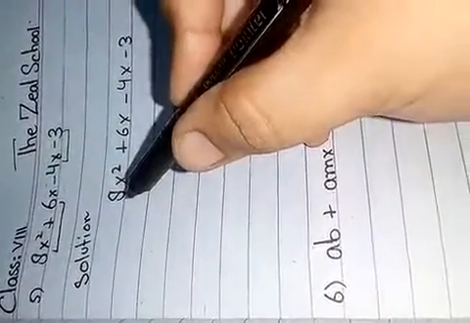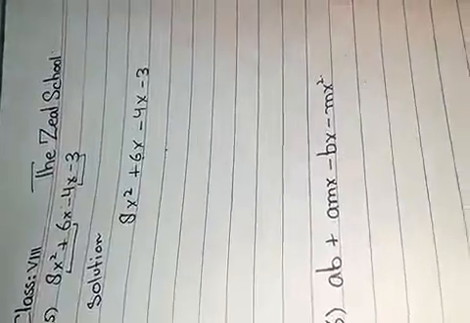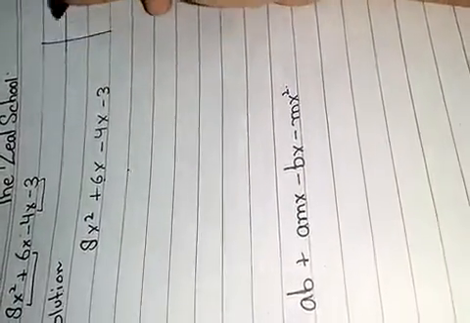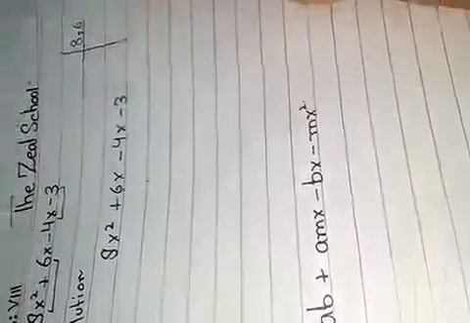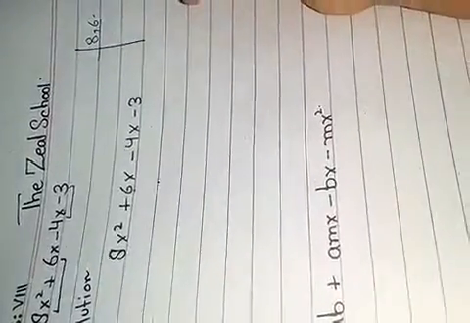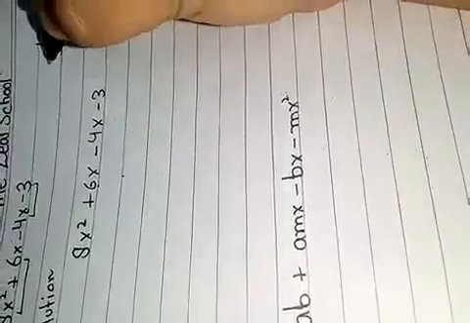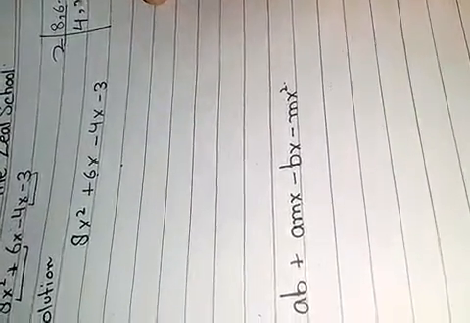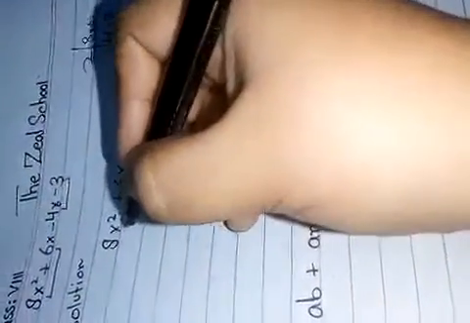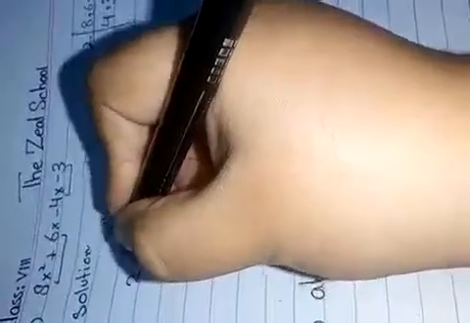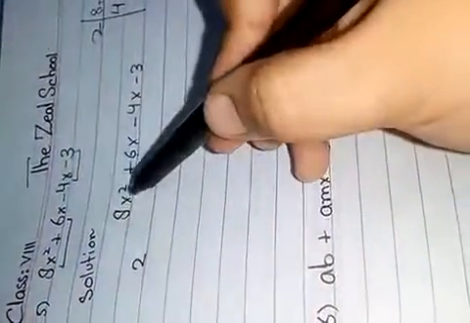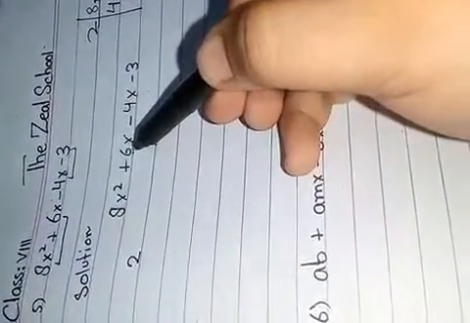Here it's 8 and in this it's 6, so we have to take the common factor of 8 and 6. 2 4s are 8 and 2 3s are 6. So 2 is common, so we take 2 as common. And here we have x square, in the second one we have only x, so we take x common.